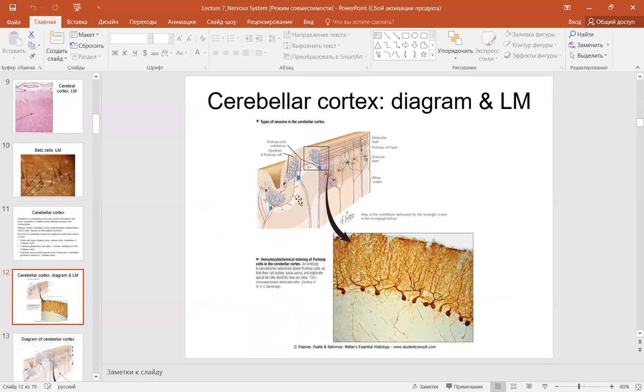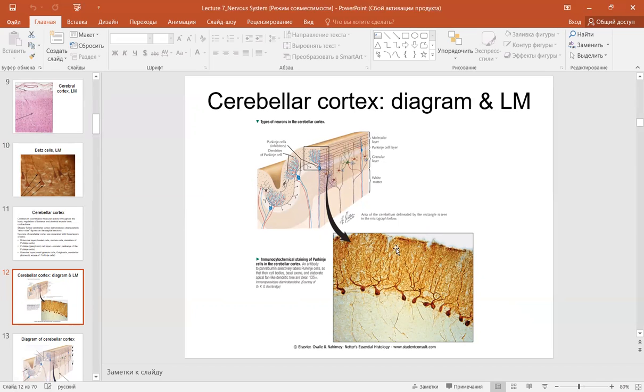Here you have this schematic view of the gray matter of the cerebellar cortex with white matter located beneath the cortical layers. Here you have the ganglionic Purkinje cells of the second layer.